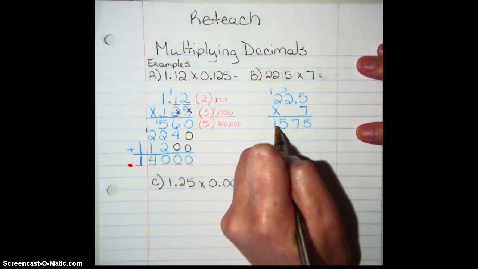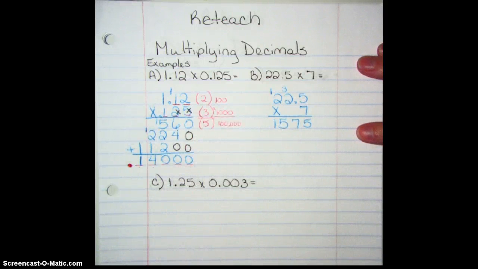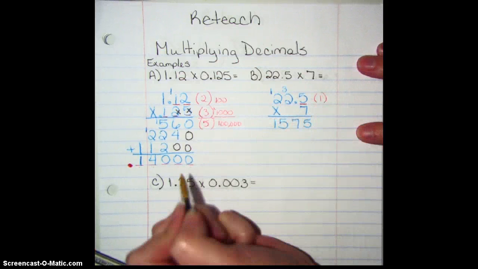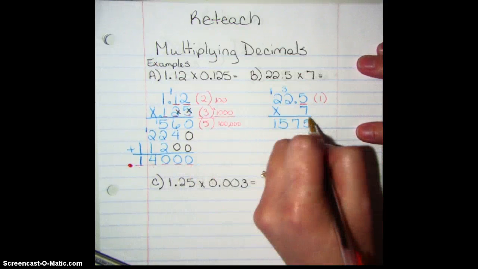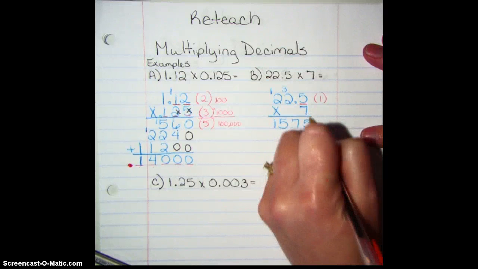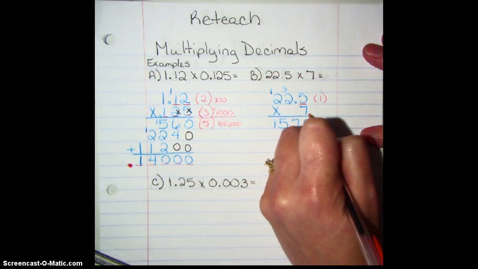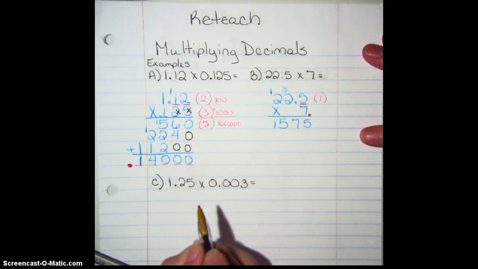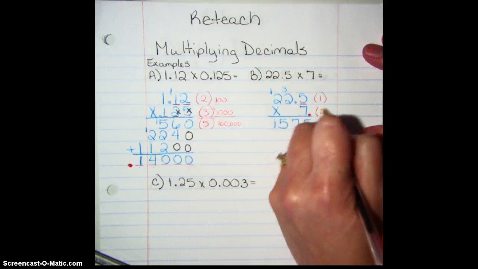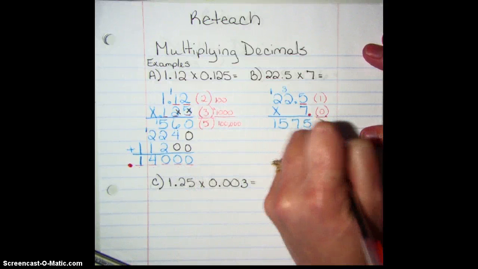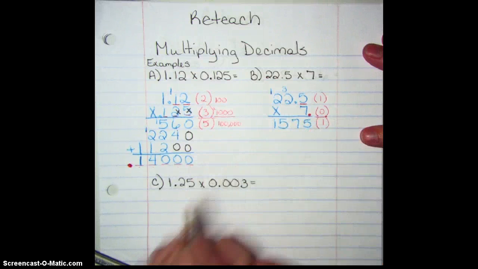But I need to put in my decimal point. So I'm going to count the amount of numbers I have after the decimal. I have 1 here, that's the tenths place. And then I look at my whole number here of 7 and I say, okay, well, there's no decimal. But anytime you have a whole number and you want to put a decimal in, you put it in at the end. But I still don't have any numbers after that decimal point. So 0 numbers after the decimal point means that my answer is going to have 1 number.